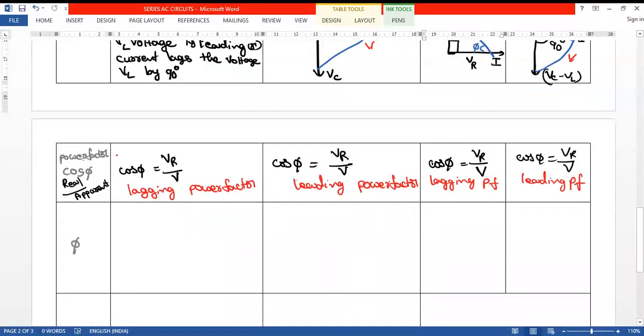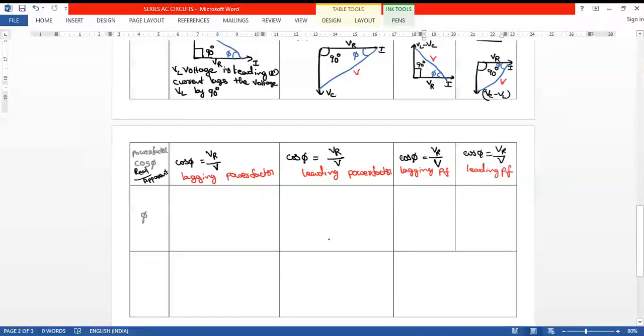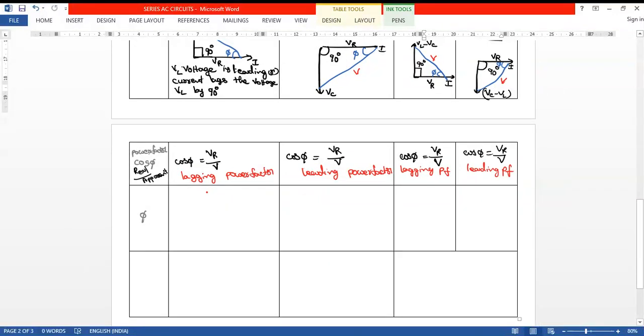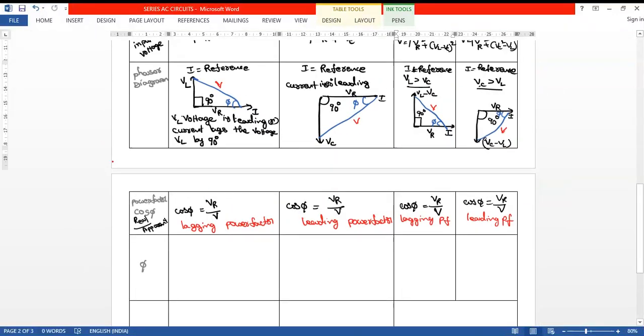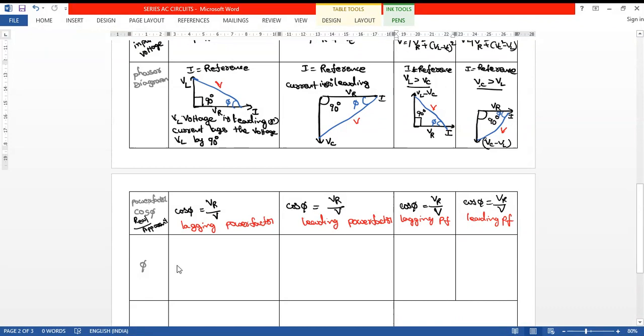Coming to phi, we can write phi from this triangle.